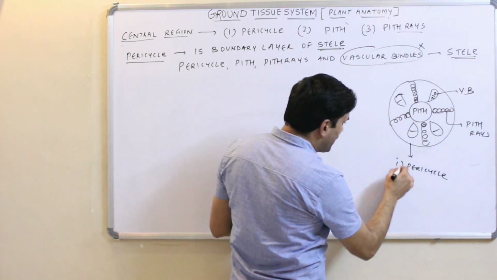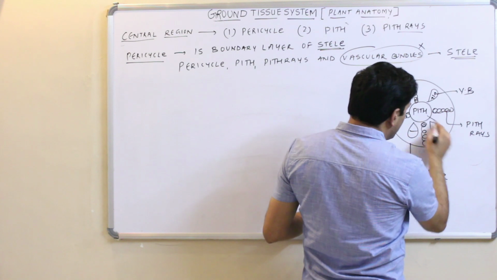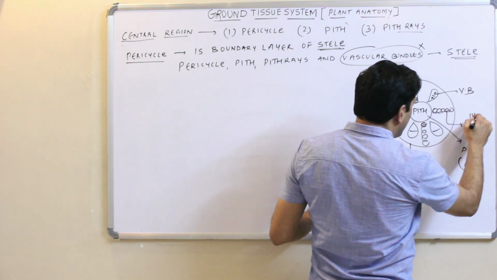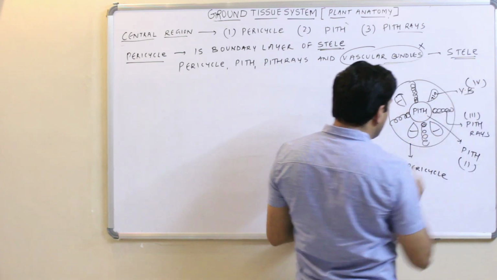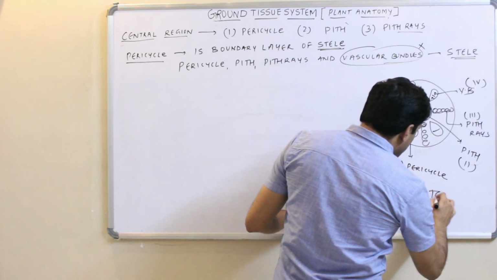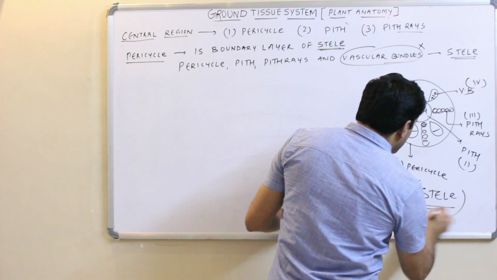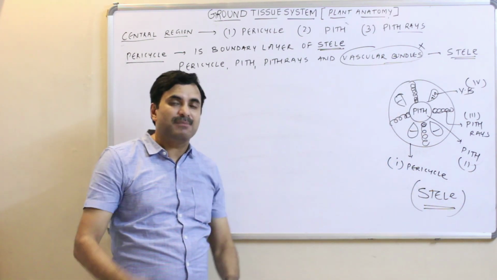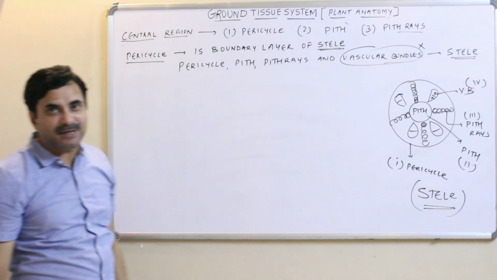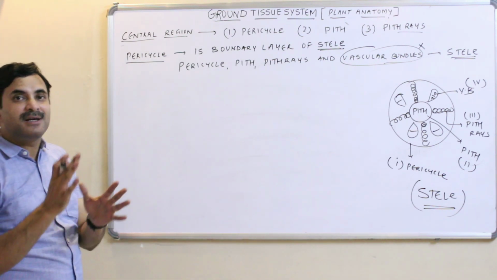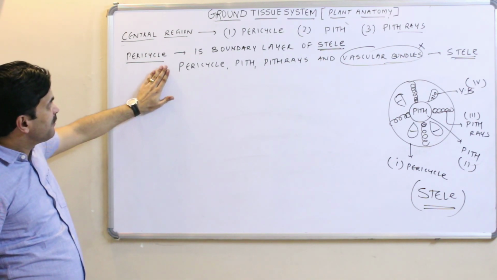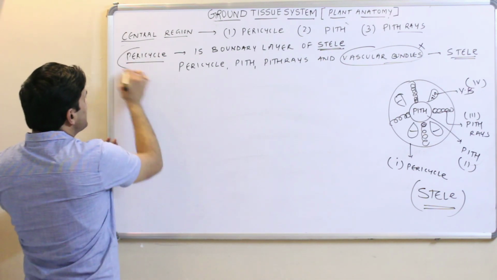So what I want to say, pericycle and this pith, and then pith rays, and then vascular bundles, all comprise the stele. This is a stele. I will make a video separately on the stele, because the steles are also of different types. Alright, when the proper time will come, I will upload a video on stele also. So we have to study first the pericycle.